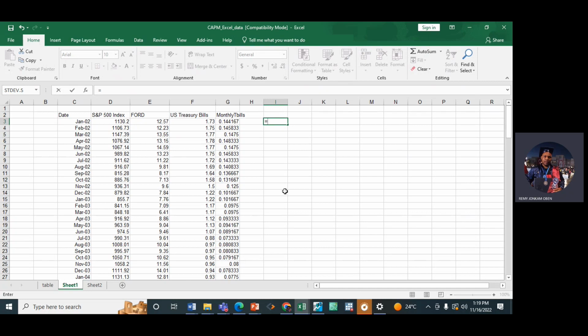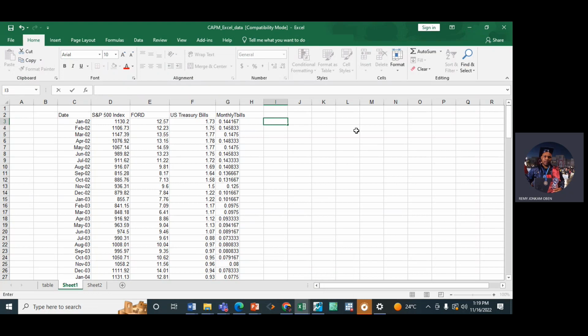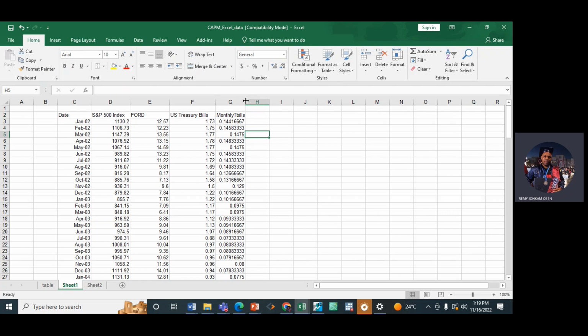Which one should we use? I think on Excel we are using log returns. Forget about it. It's not complicated. Do it on eViews. Okay, so for monthly, to remove the annualization, you see you can do it on Excel.